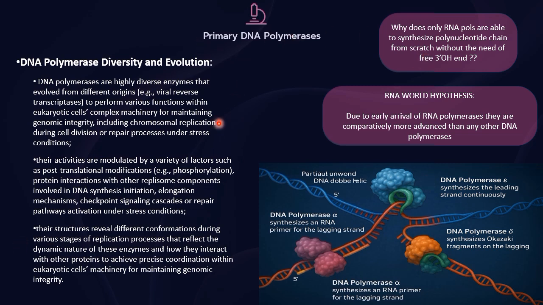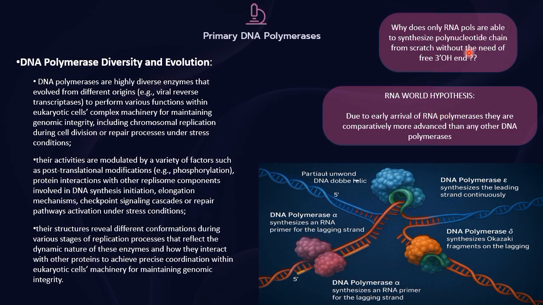And DNA polymerase can utilize the free 3' OH of the primer to extend or synthesize the DNA. Thus, only RNA polymerases have the ability to synthesize the polynucleotide chain from scratch.